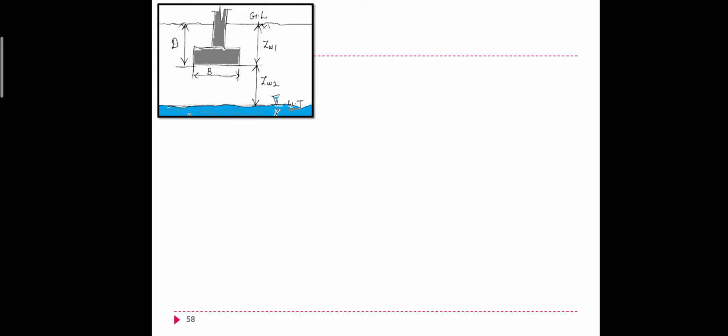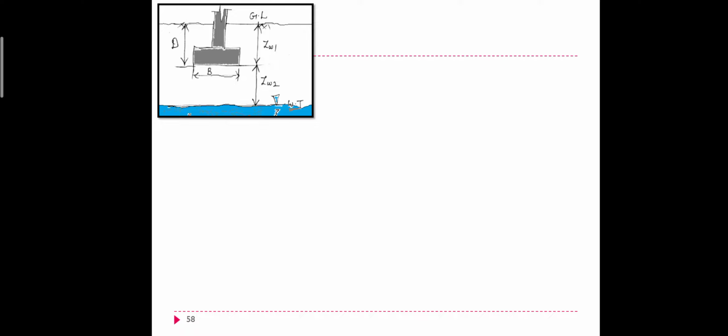And what is ZW1? From the ground level to the base of the footing or from the ground level to the water table, whichever is smaller. Which one is smaller here? Ground level to base of the footing is smaller. Ground level to water table is bigger. So we take ZW1 as ground level to base of the footing. And what is ZW2?